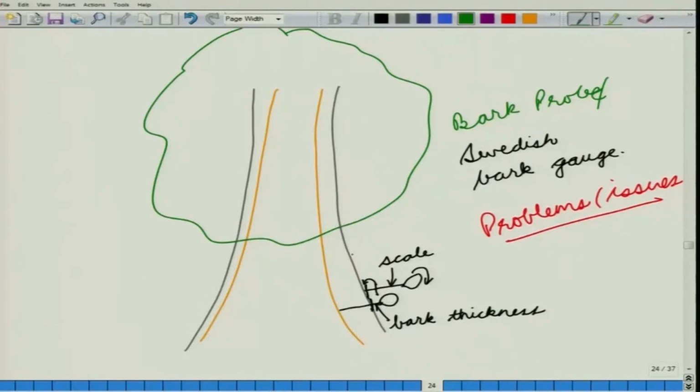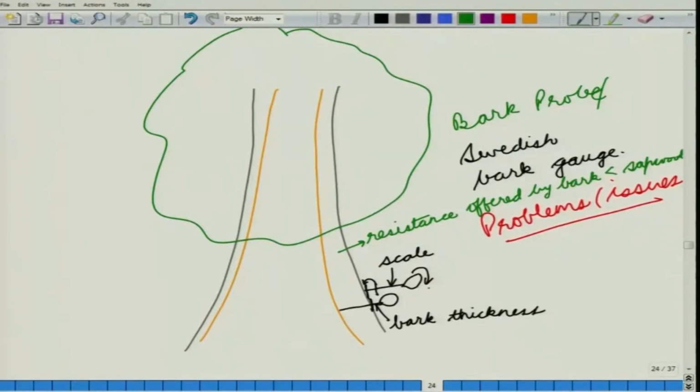The measurement is based on the idea that the resistance offered by bark to these instruments is less than that offered by sapwood, because that is the inside portion, the more solid portion of the wood. So, it would give us much more resistance as compared to the bark.